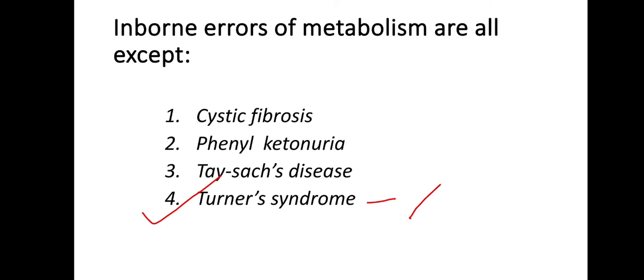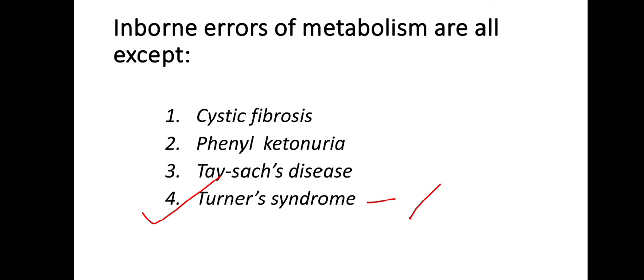Due to this condition, phenylalanine hydroxylase will not be produced. After this, the breakdown of phenylalanine will not occur. It causes the buildup of phenylalanine in the body. Okay, it is the main thing in phenylketonuria.